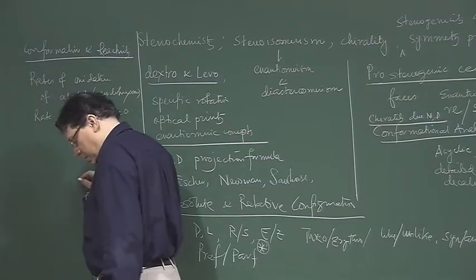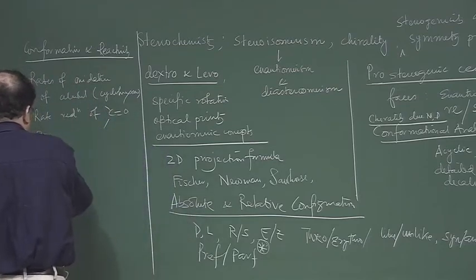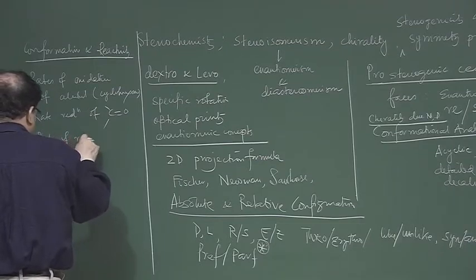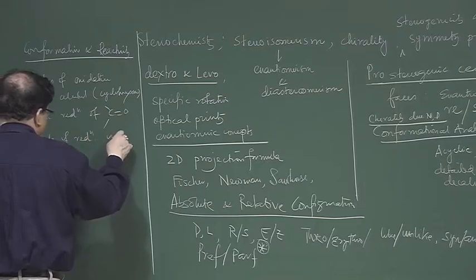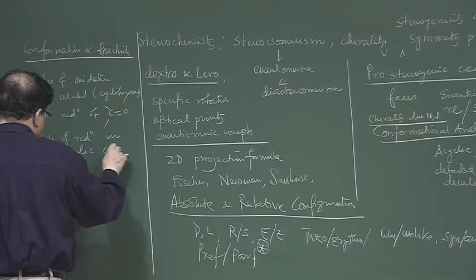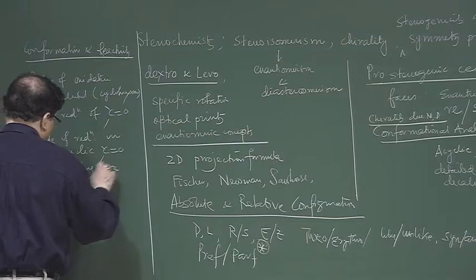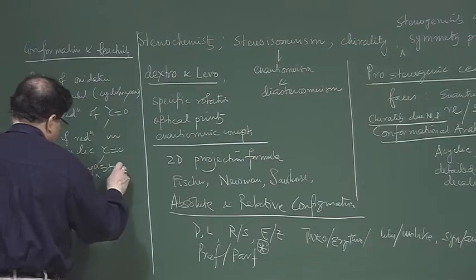But before that we have done the rate of reduction in acyclic carbonyls containing alpha stereogenic center.